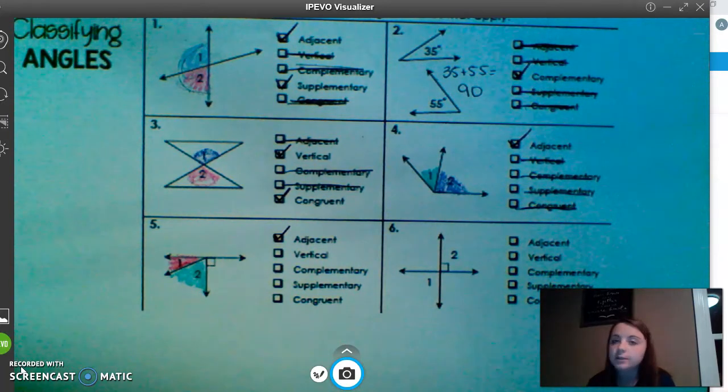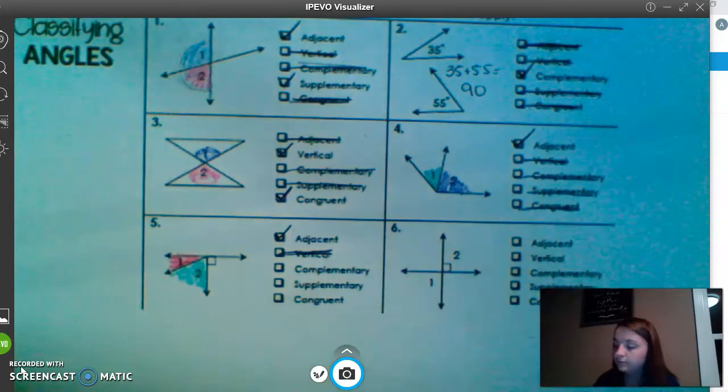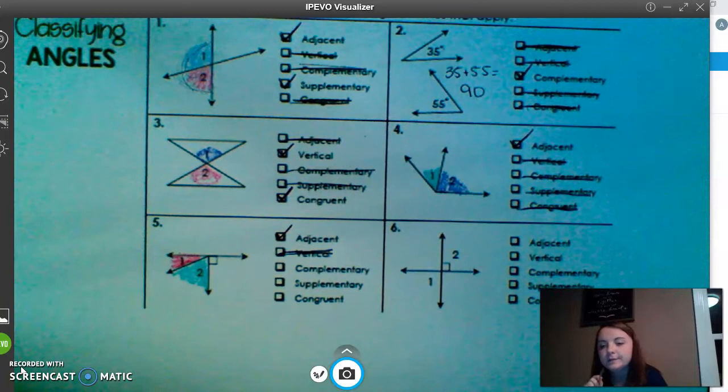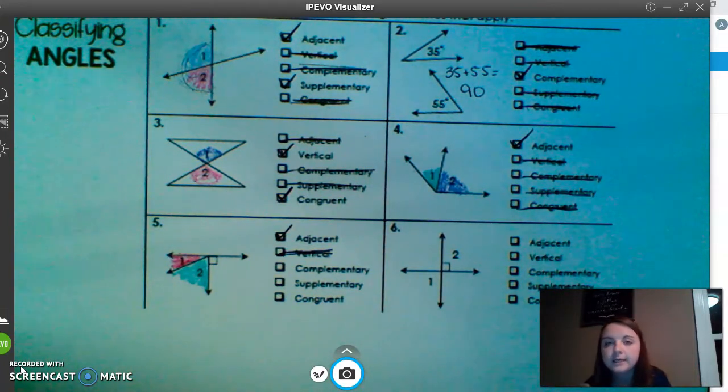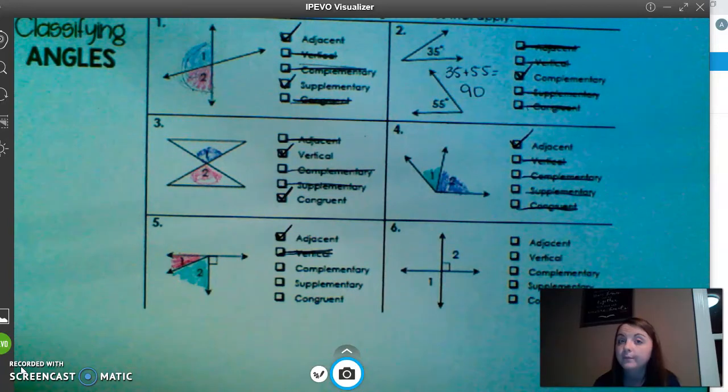They're not across from each other, so they're not vertical. Okay. Do those two make 90 degrees? Because complementary angles make 90-degree measures. If you said yes, make sure you can back it up. If you say no, then say why you think no.